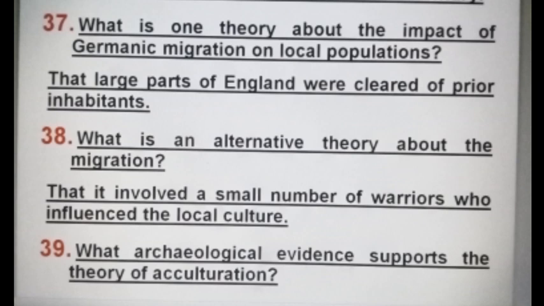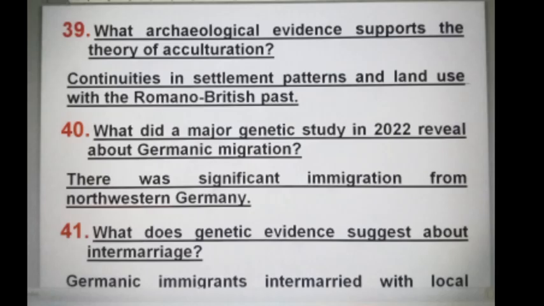What archaeological evidence supports the theory of acculturation? Continuities in settlement patterns and land use with the Romano-British past. What did a major genetic study in 2022 reveal about Germanic migration?